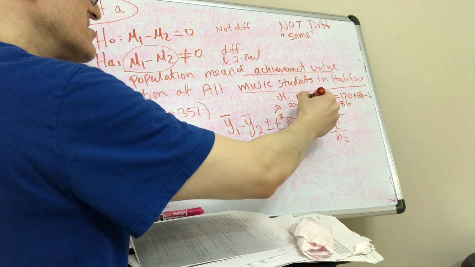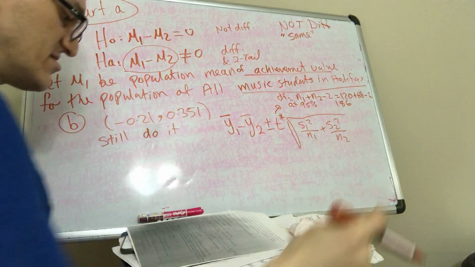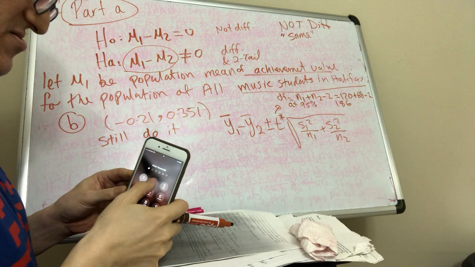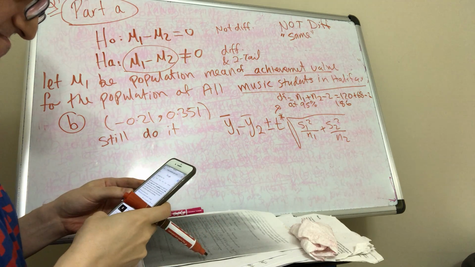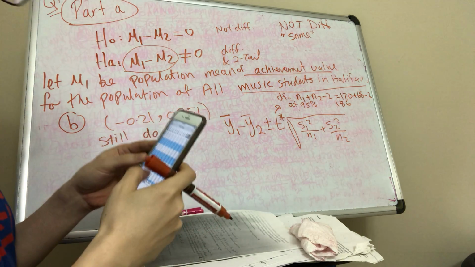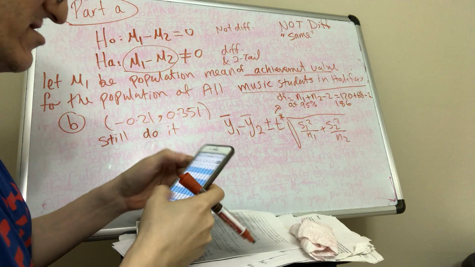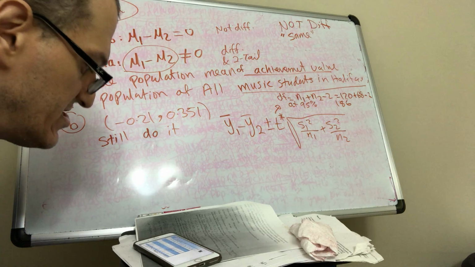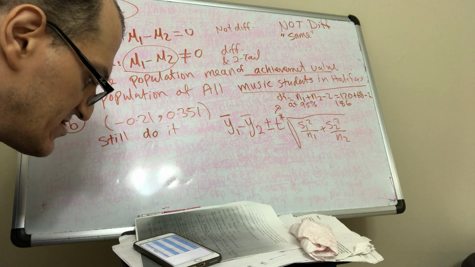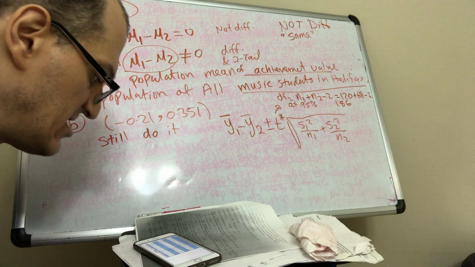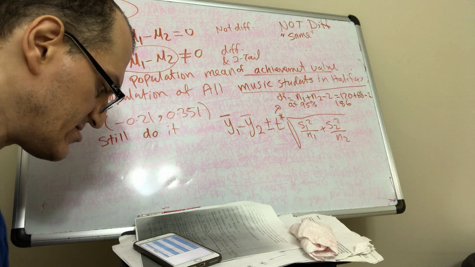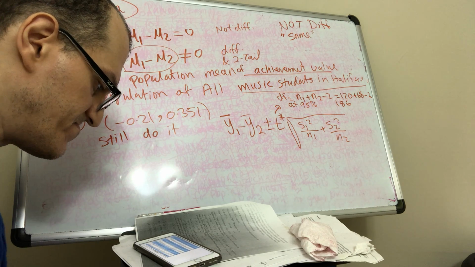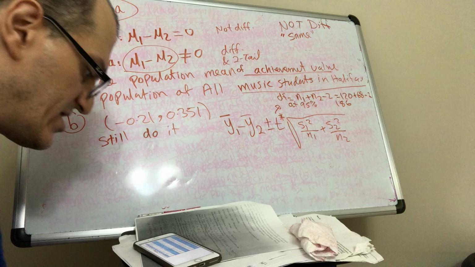And it's at the 95% confidence level. You go to the T table. This is the one I'm using. You'll see that there is no degrees of freedom 186, so the closest I have is 100, and at 95 it's 1.984.